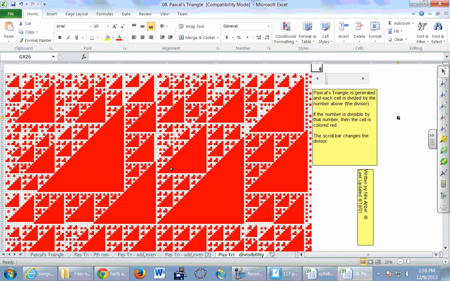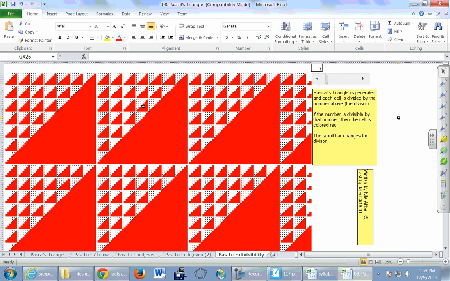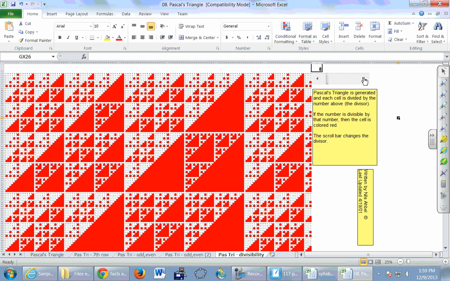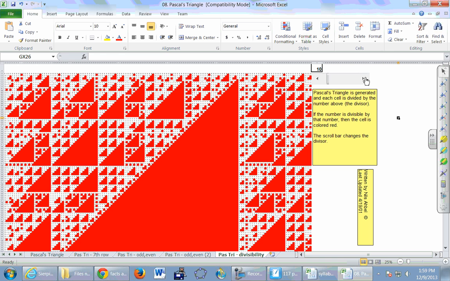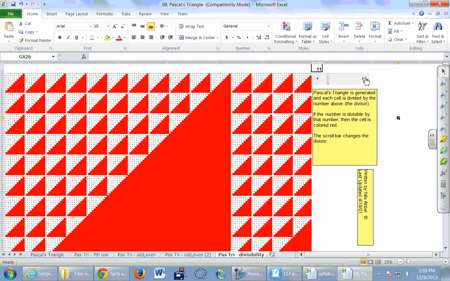That's when the number is 7. But when it's 6, they've got all these different sized triangles, right? With 7, I only see 2 sizes of triangles here, and then maybe a third one, the real tiny ones in the middle. Okay, let's take a look at 8. All right, 8 is a lot of variation. There's 9, some variation. There's 10, lots of variation. There's 11, not very much variation.